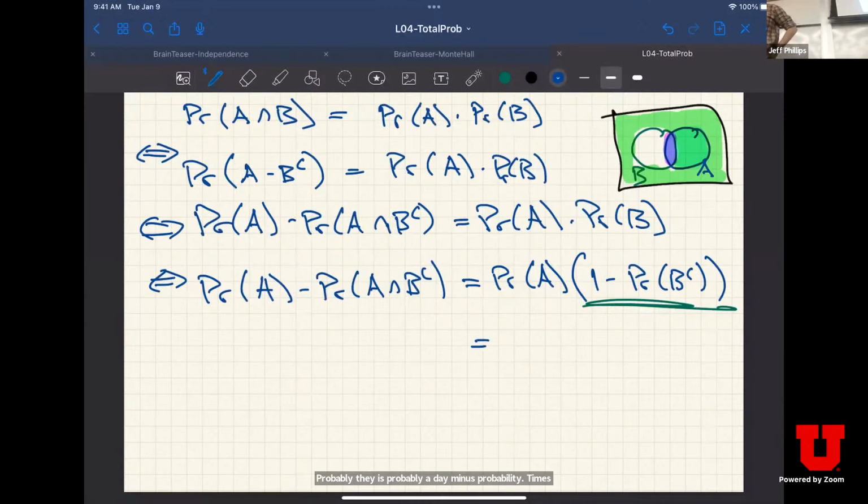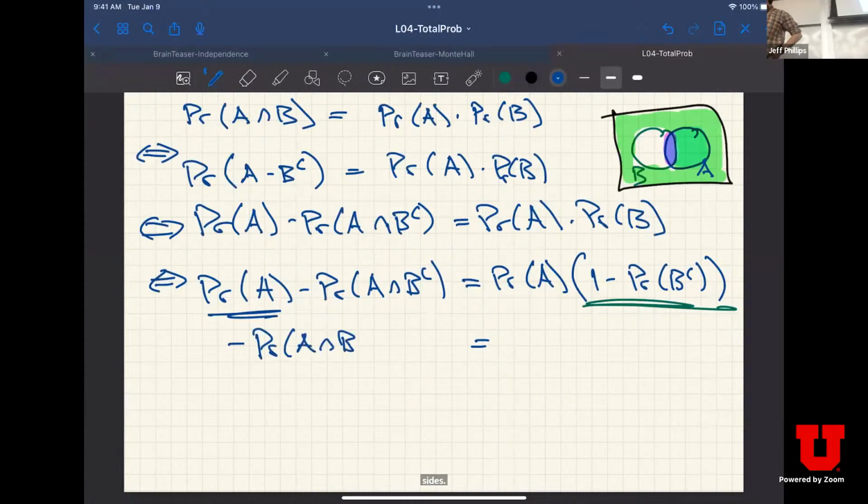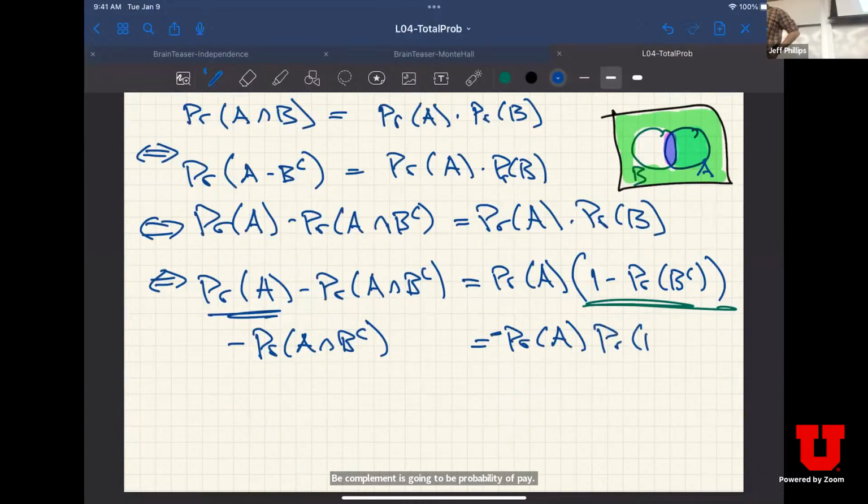This is going to be equal to, there's going to be a probability of A on both sides, and I'm going to subtract this from both sides. So I'm going to get minus probability of A intersection B complement is going to be negative probability of A, probability of B complement.